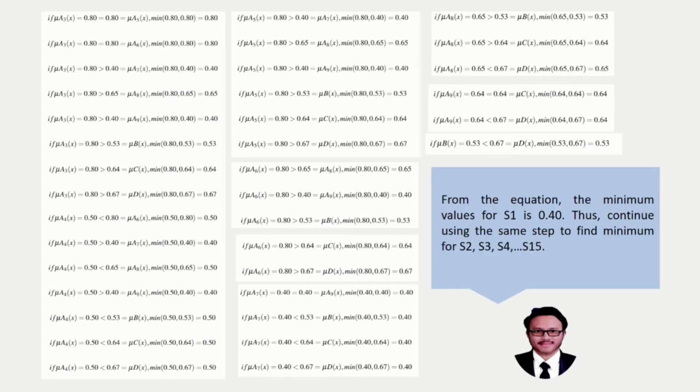From the equation, the minimum value of S1 is 0.40. Thus, continue using the same step to find the minimum for S2, S3, S4 until S15.